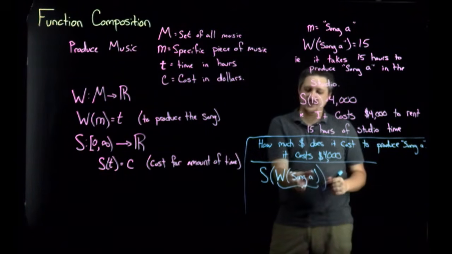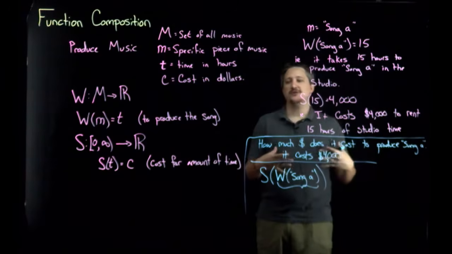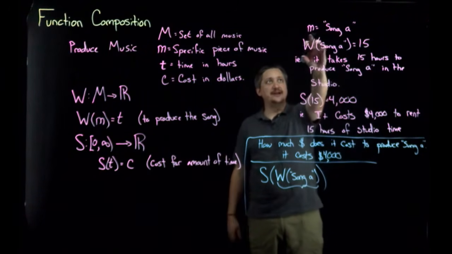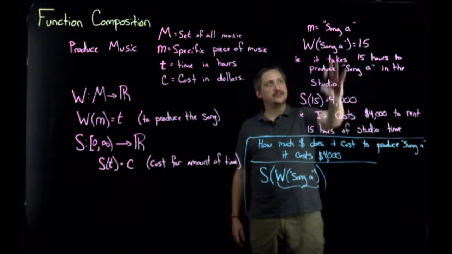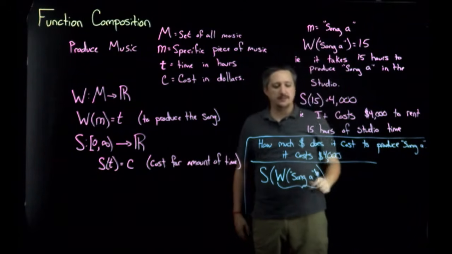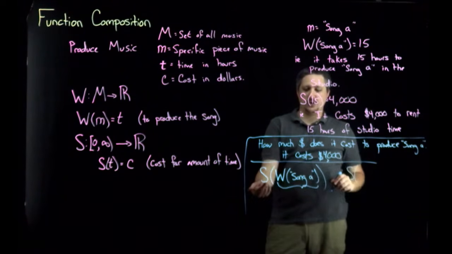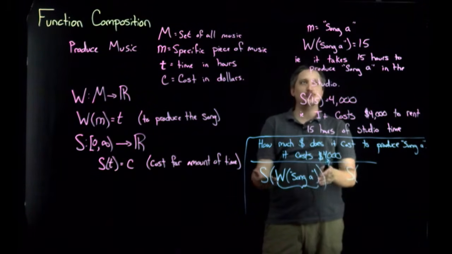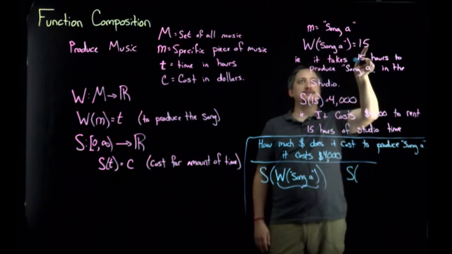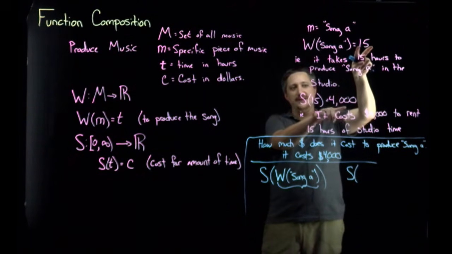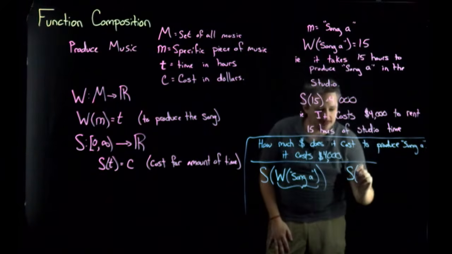So this is one way of writing it. If we don't use a particular song, and instead ask how much it costs for some song M, and I don't know what M is, here I gave M a concrete thing so we could do an example, but what if I left it as M? Well, it would be S of W applied to whatever that M is, because whatever the output is, it's going to be a time. I can put that time into S and get a cost.